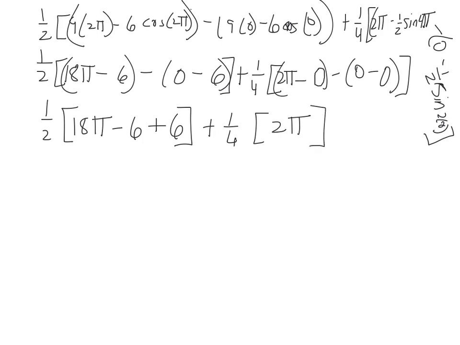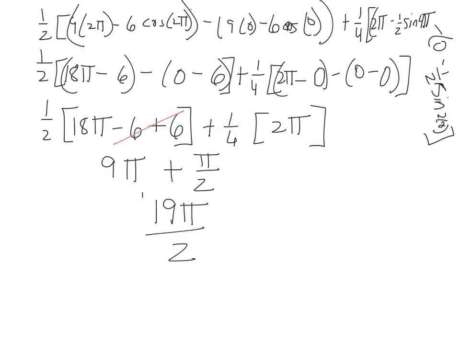So this is going to be 0 for those. 1/2 of 18 pi is 9 pi plus 1/4 of 2 pi. 2 pi over 4 would be pi over 2. I can get a common denominator, which I really already had. 18 pi over 2 plus pi over 2 makes 19 pi over 2. And that is the answer to that problem.